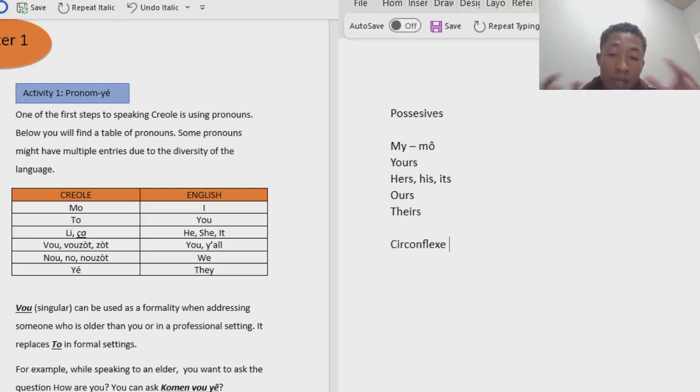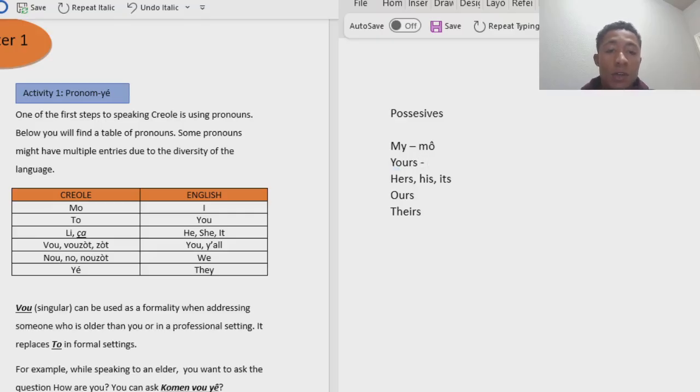That still applies in the Creole sense, however, it is also used to designate when the word being used is a possessive marker. So for instance, mo with a circumflex is possessive.